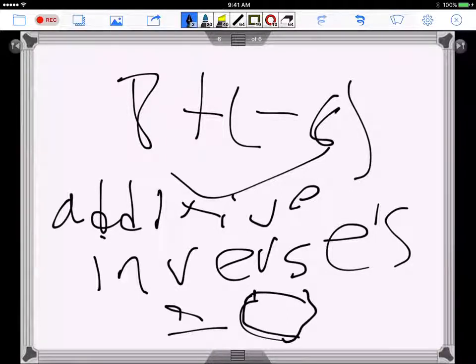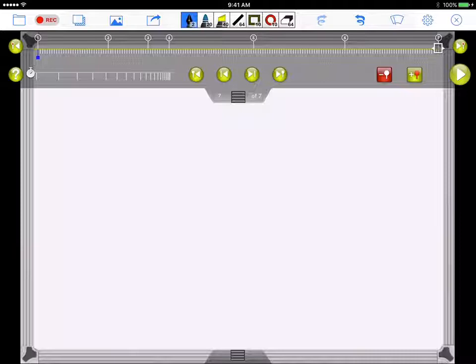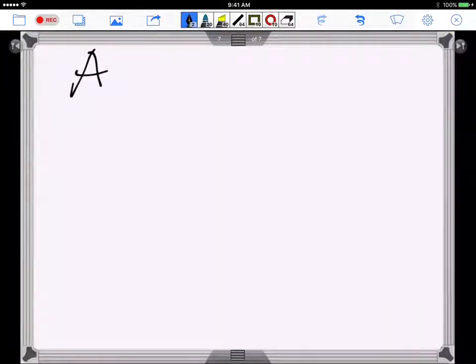Because you're adding its opposite, and it's the same number, same absolute value, which I'll get to in a moment, to 0. So let's talk about absolute value, which is denoted by ABS, but I'll write absolute value.